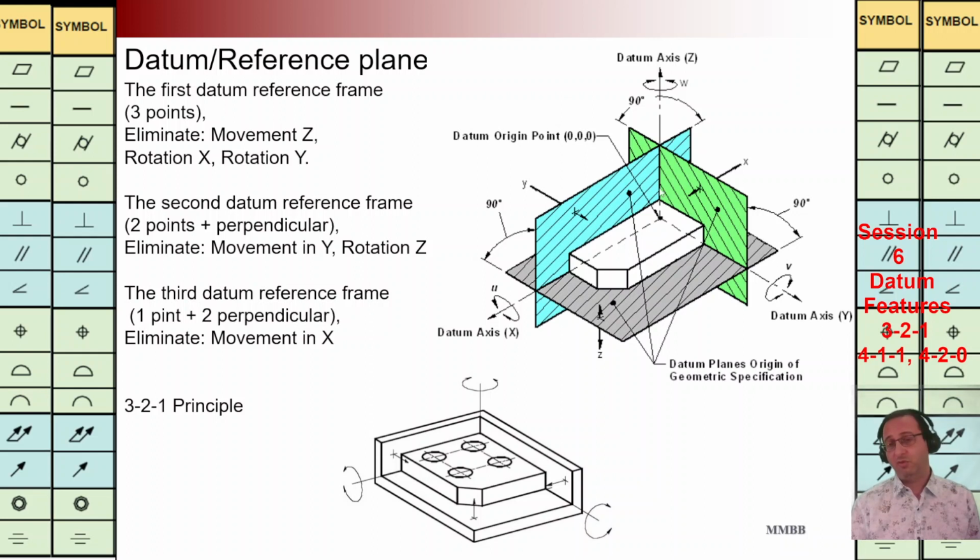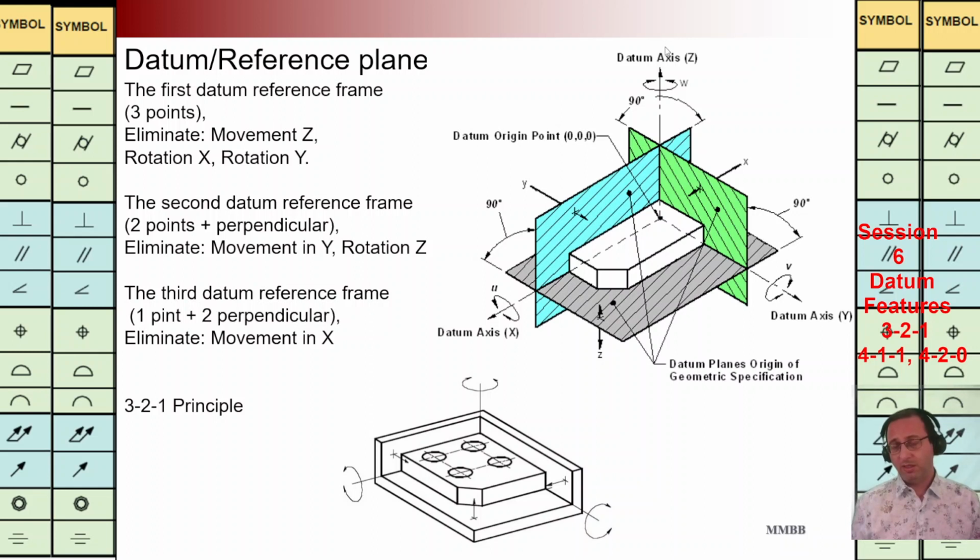If it wants to move along the z-axis, this gray plane is fixed, and this component will be separated from this gray plane. By adding this primary datum plane, we are going to eliminate 3 degrees of freedom, 2 rotations and 1 translation.